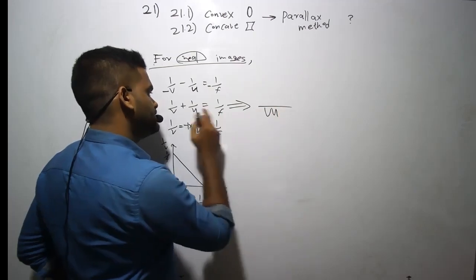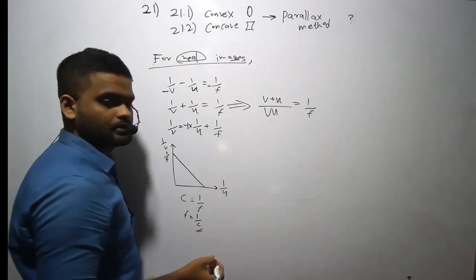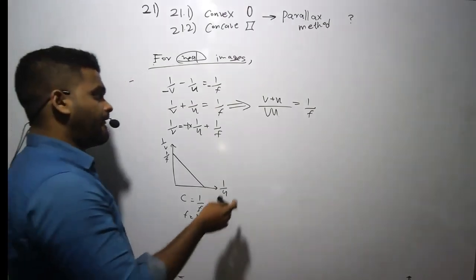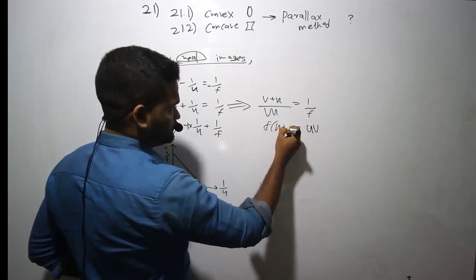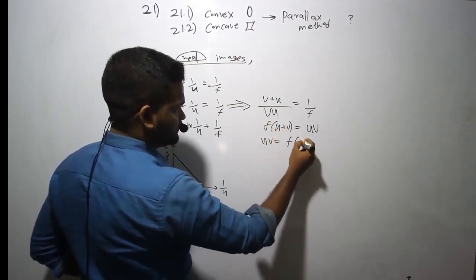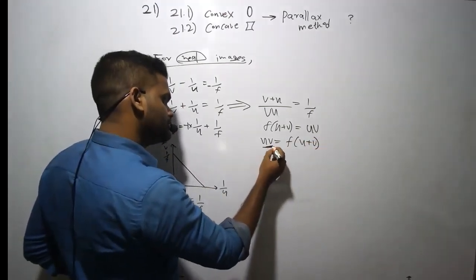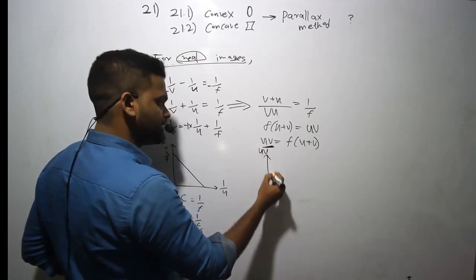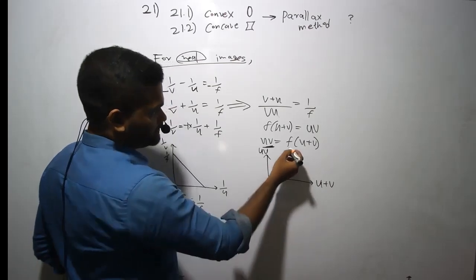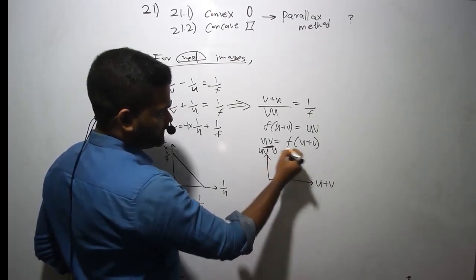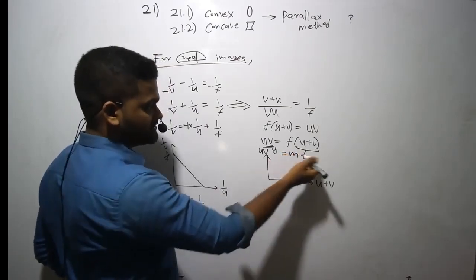You can take UV as the denominator, then above it, V plus U is equal to 1 over F. Just cross multiply: UV equals F times U plus V. Then I'm going to use UV as the dependent variable Y and U plus V as the independent variable X, and F is going to be the gradient. So it is a Y equals mx graph.